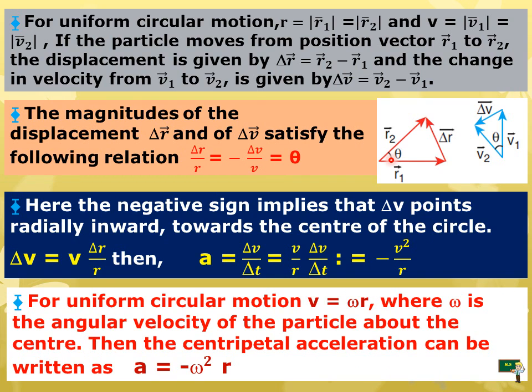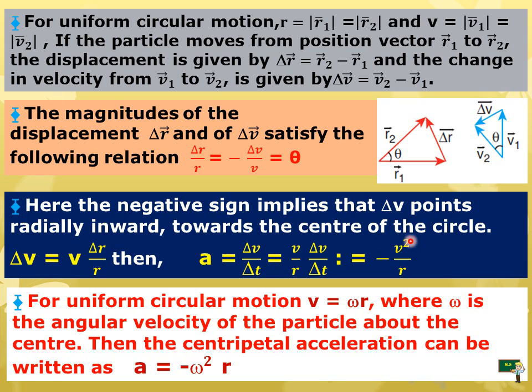Here the negative sign implies that del v points radially inward, while in centripetal motion the ball or particle moves towards the center. So del v is radially inward, towards the center of the circle.